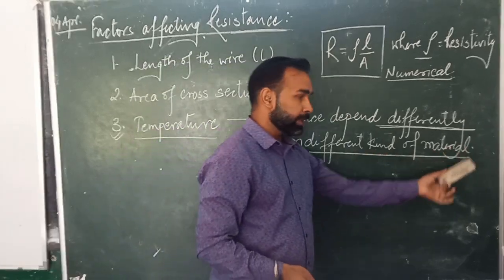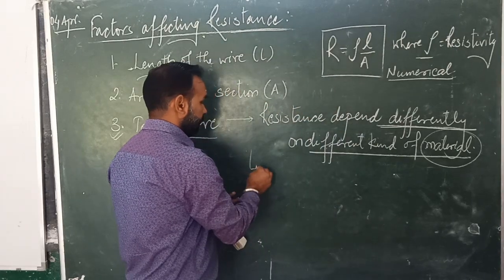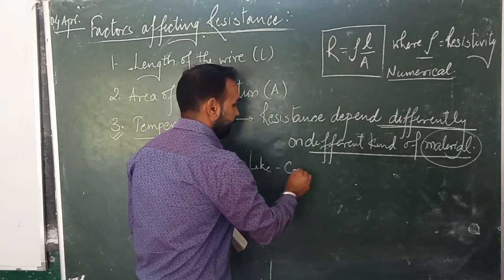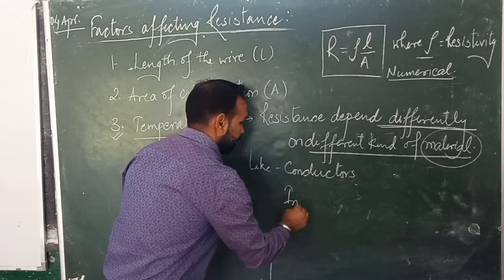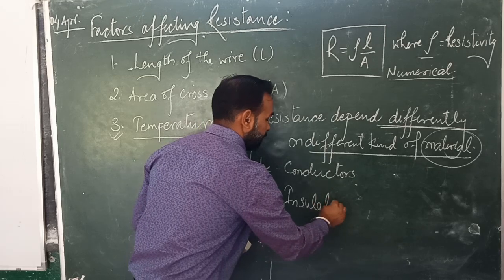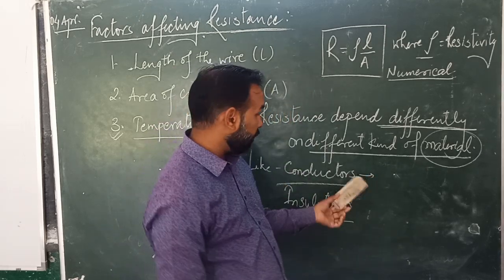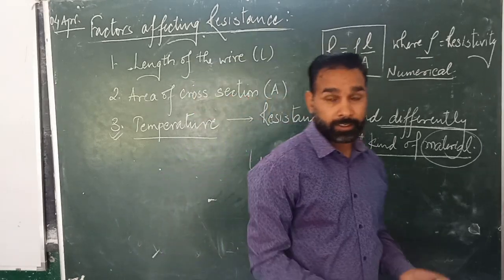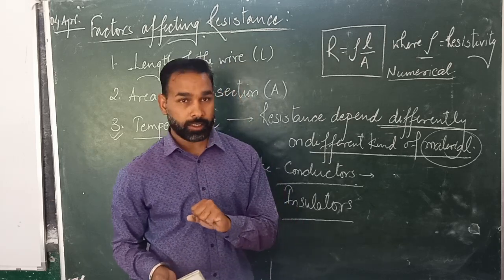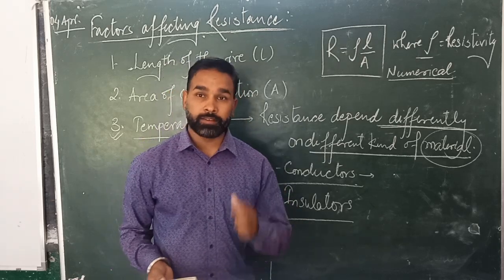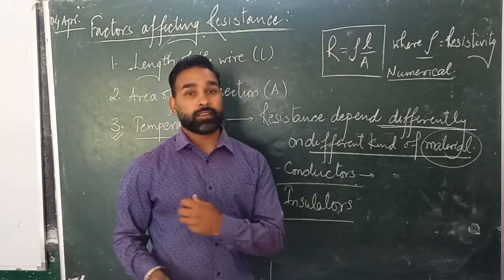We have two kinds of material: some are called conductors and others are called insulators. Conductors are the materials which have the ability to conduct electricity, and insulators are the materials which do not have the ability to conduct electricity.